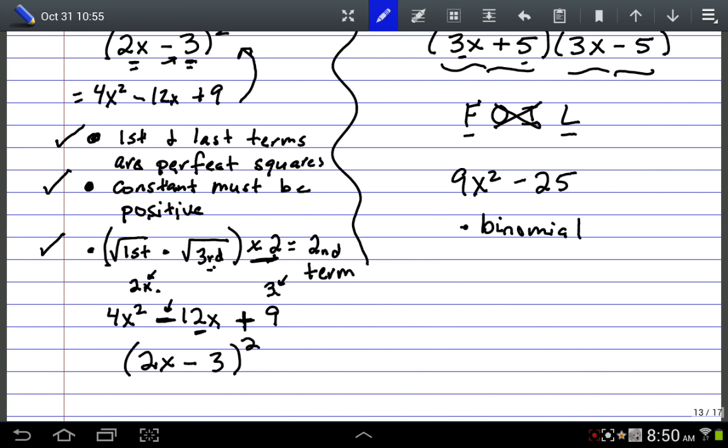It doesn't have 3 terms. It only has 2 terms. Okay, the other thing, here's the biggest thing. It must be a difference. It cannot be a sum. In other words, this sign that's in between them must be negative or it will not factor. Okay? So that's the thing that we have to look at to identify a difference of squares. Now the other thing I'm not mentioning that's probably the obvious thing is they must be perfect squares. Both of them.